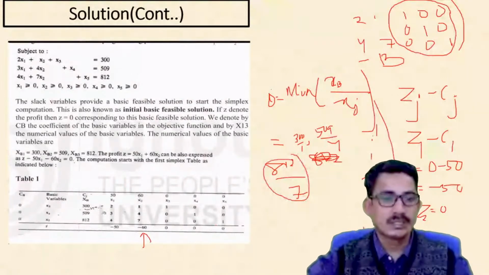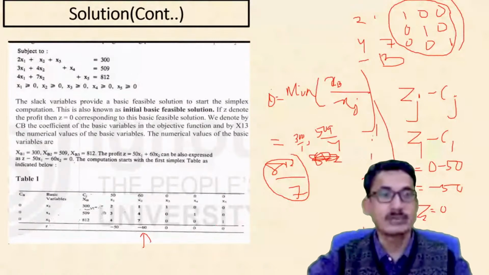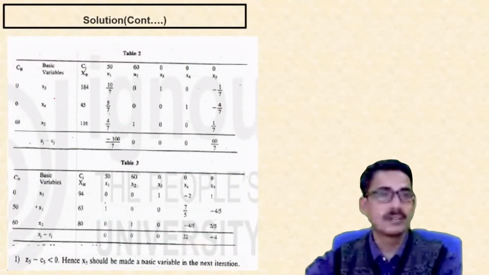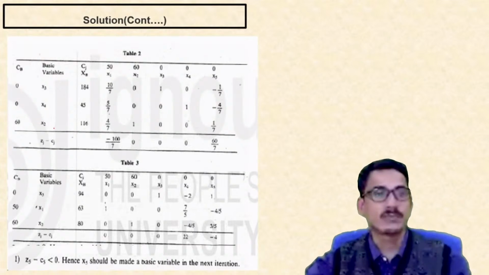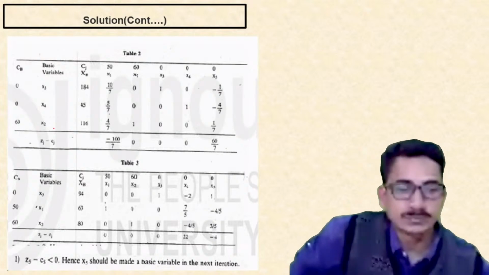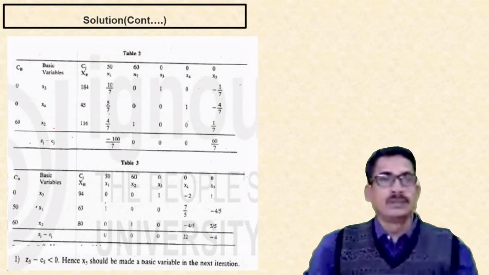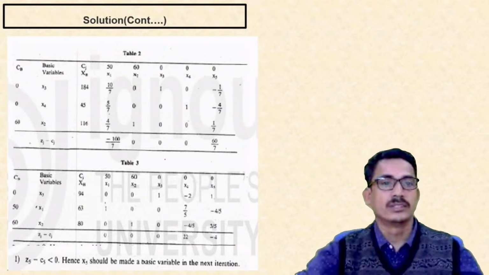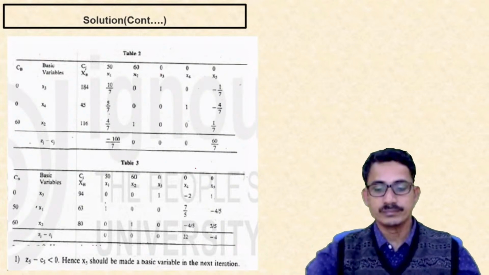Lesser means its corresponding variable in the basis variable is x5. So x5 will be out. See this table, you can understand the next table. x3, x4 exist, but x5 is out. In place of x5, you have taken x2. Now the question is how you have got this table. Let us see it one by one.